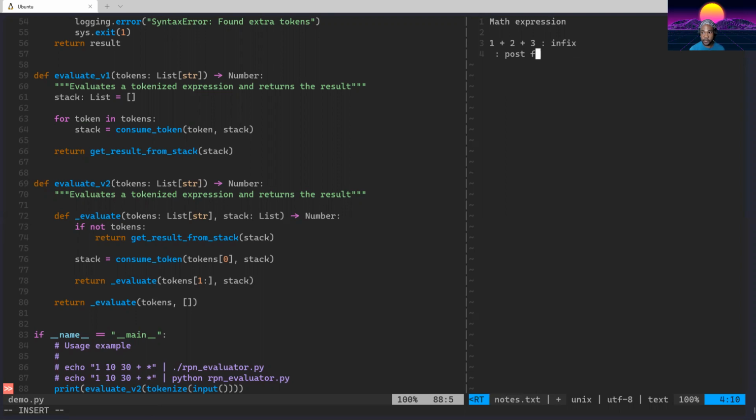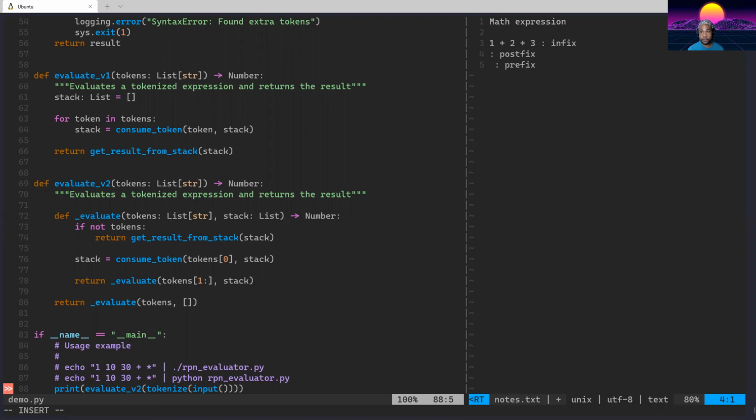We have the postfix notation, and we have the prefix notation. The postfix notation simply means that the operator comes after the operands.